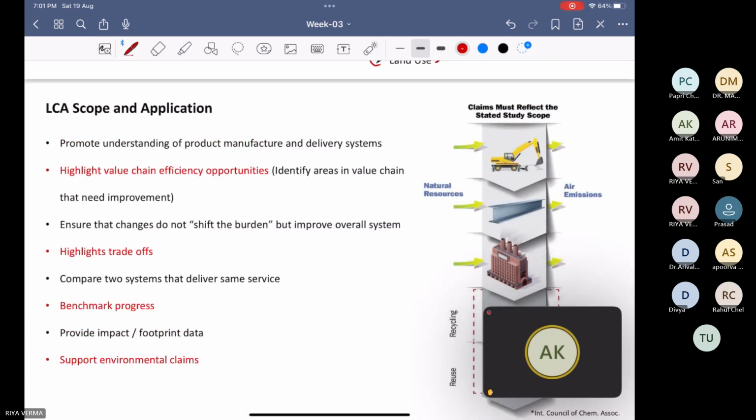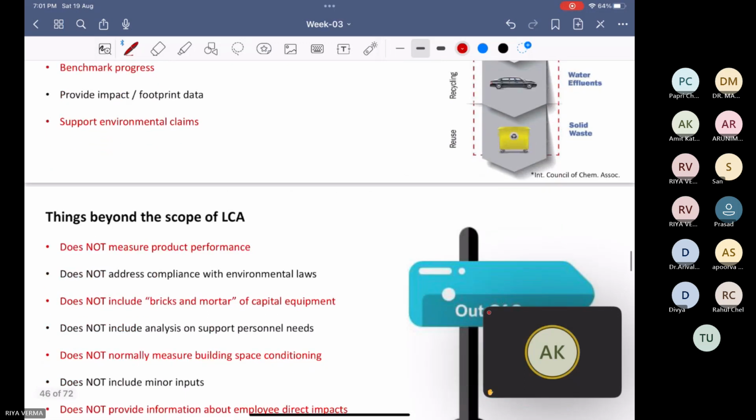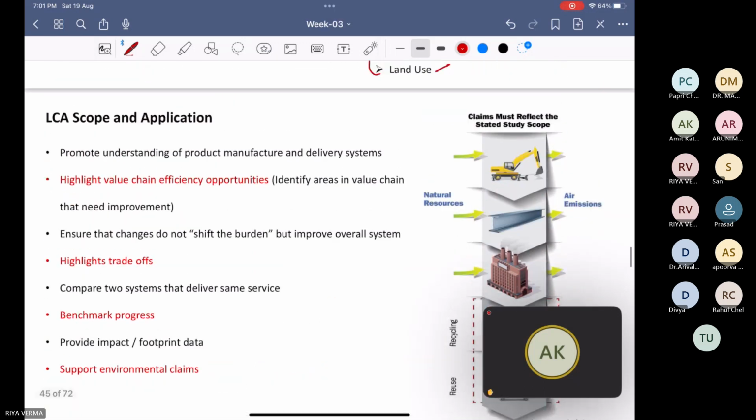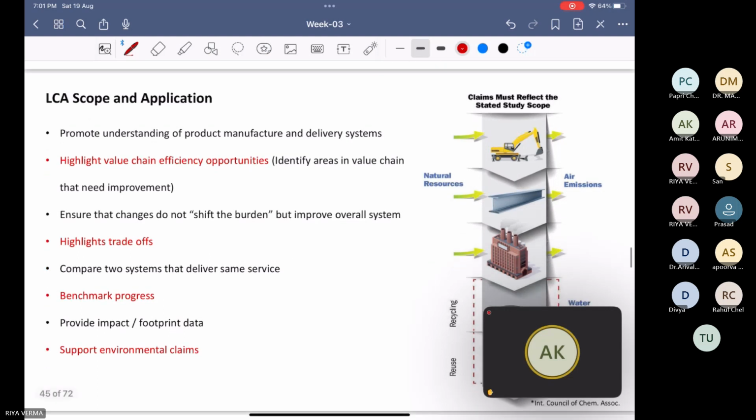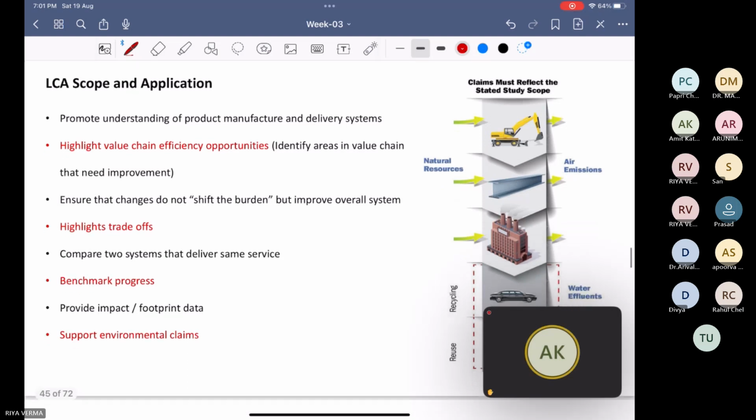So we were discussing the scope of LCA and things that are beyond the scope of LCA. First, the things that come in the scope of LCA: it promotes the understanding of the product, manufacture and delivery systems. Then it also highlights value chain efficiency opportunities, like wherever in the entire value chain improvement is needed, we can have an idea with the LCA process.